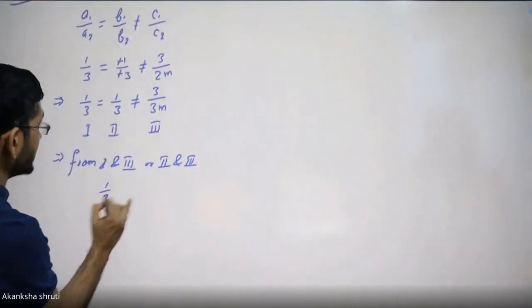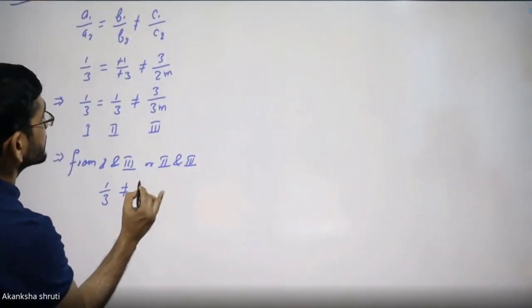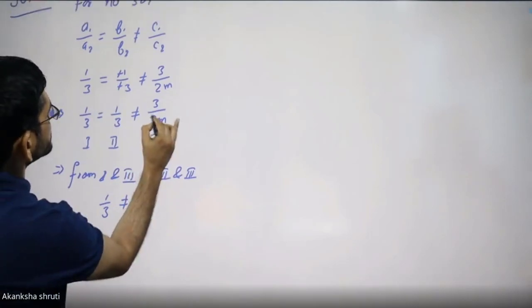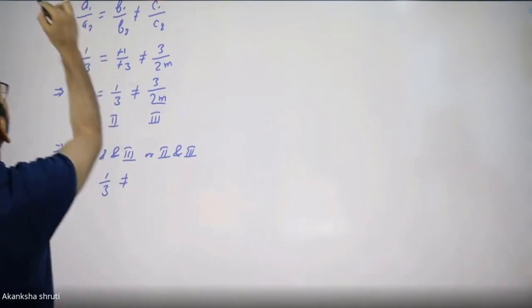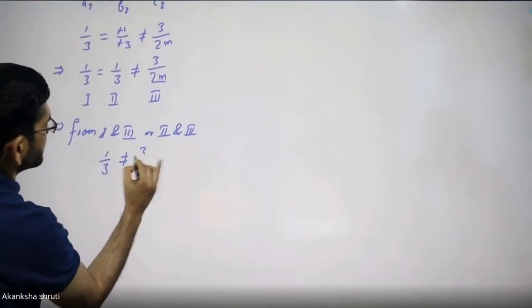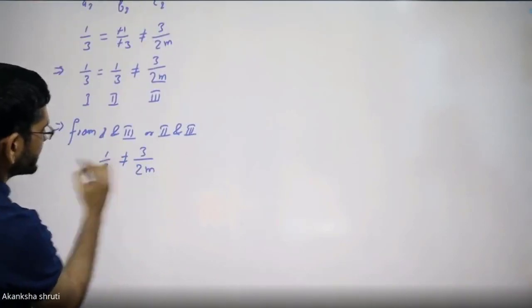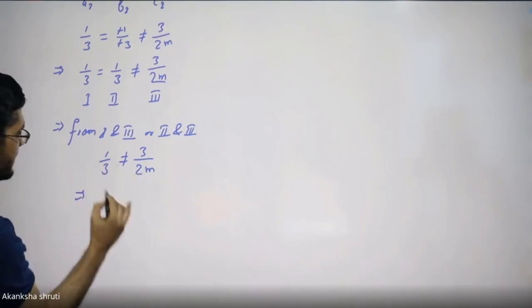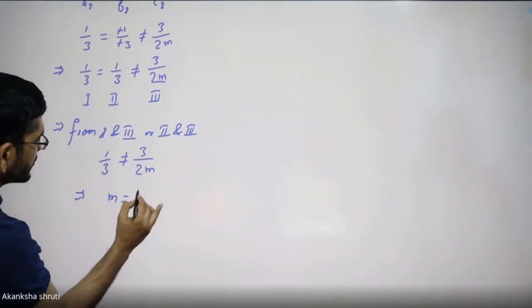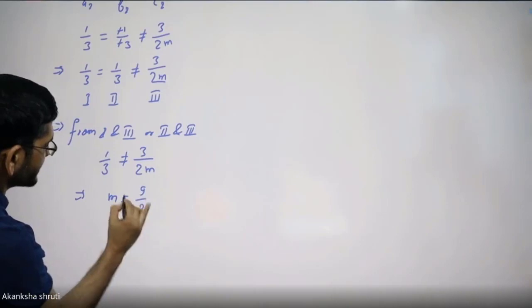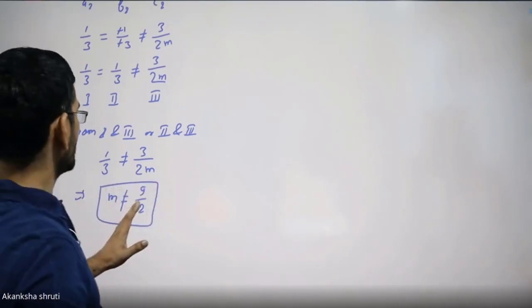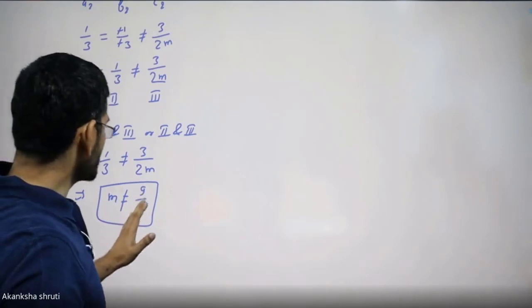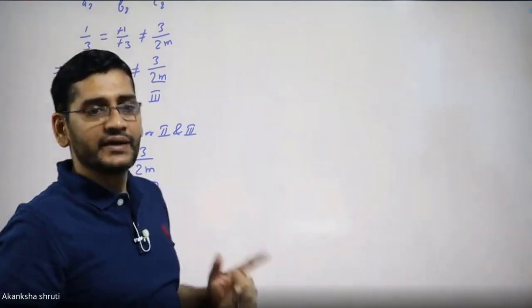1 by 3 should not be equal to 3 by 2m. Bring this m to the left hand side and do the cross multiplication: 9 by 2. So m should not be equal to 9 by 2. Other than 9 by 2, m can have any value.